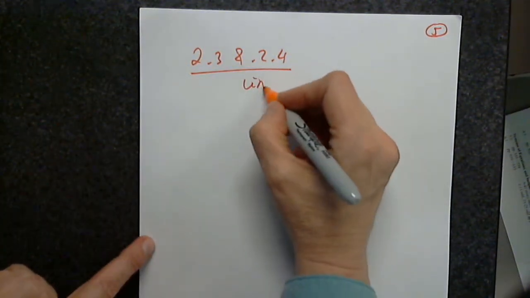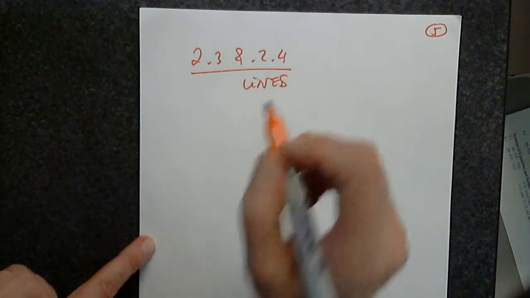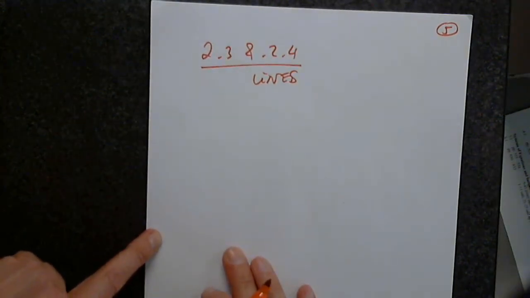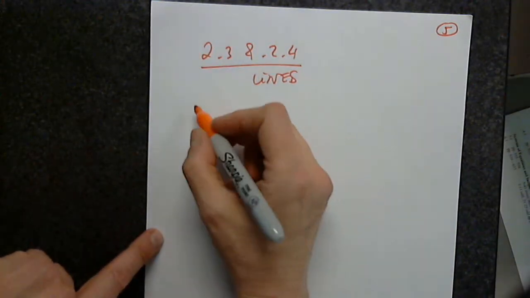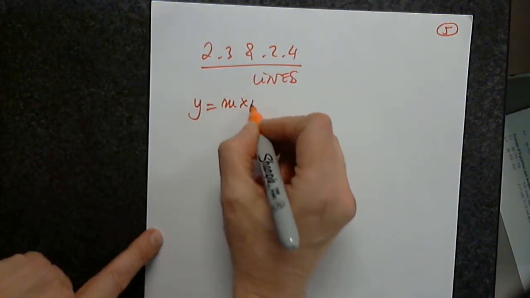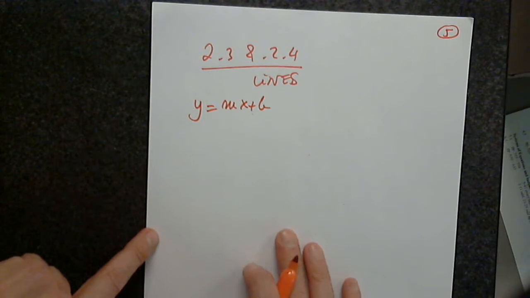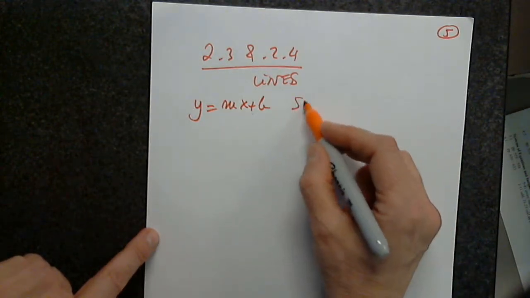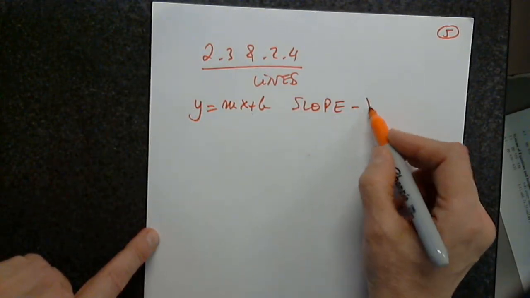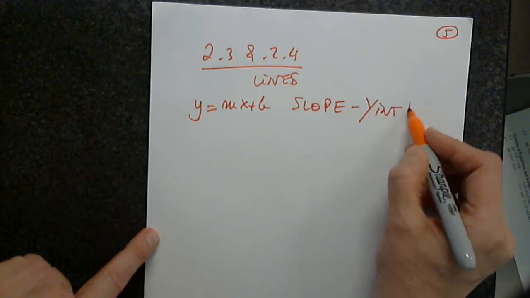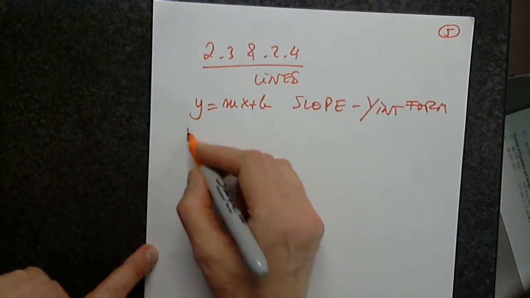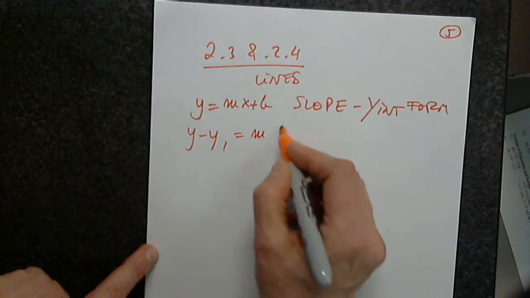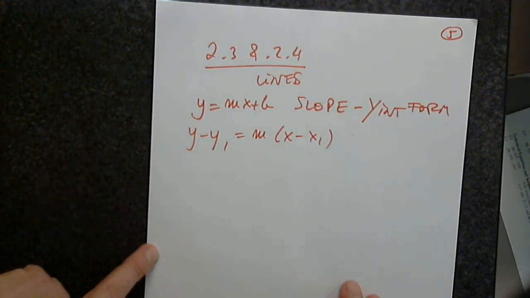So this is all about lines. We already went through this, so let me refresh our memory. We have y equals mx plus b, which is slope-intercept form. I like to call it y-intercept form. We have y minus y1 equals the slope times x minus x1.